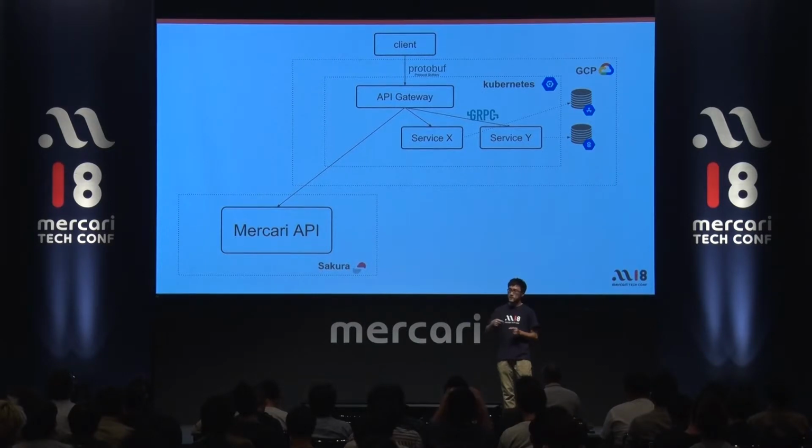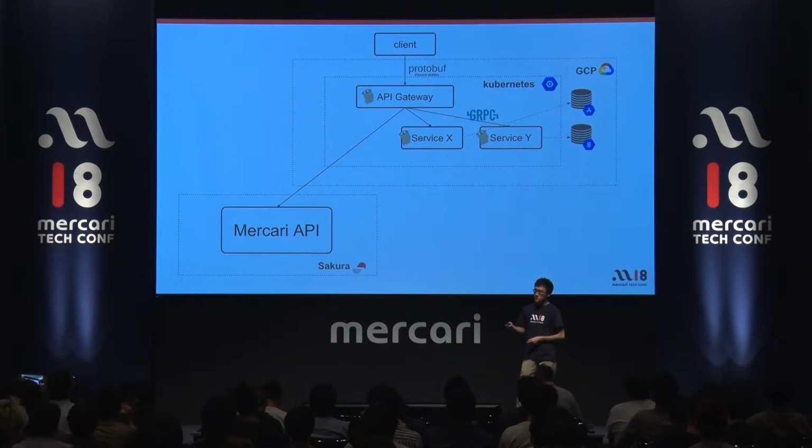And when the gateway gets the request, it will deserialize the message into protobuf messages and then call each service with gRPC. Most of the services, including the gateway, have been implemented in Golang, but because we are using gRPC, we are free to choose any other programming language as long as it has good gRPC support.